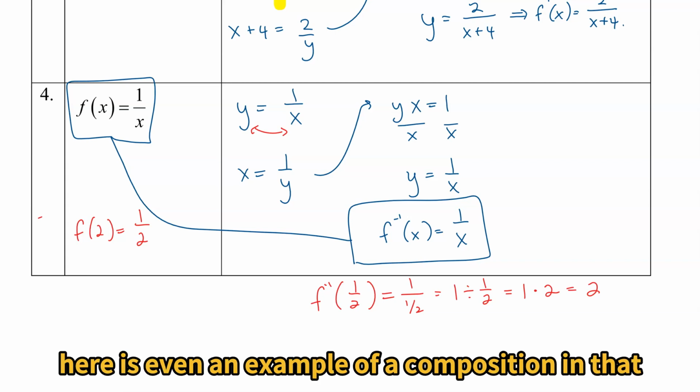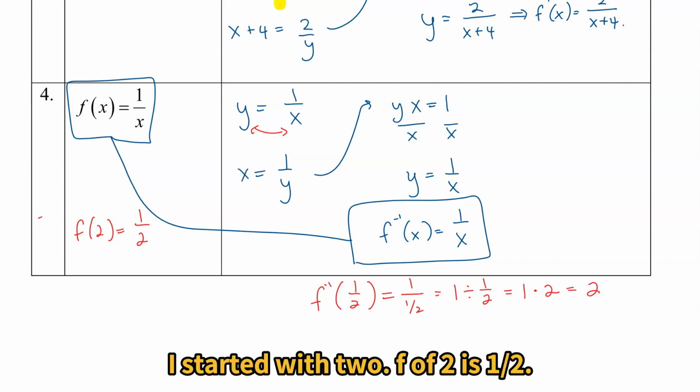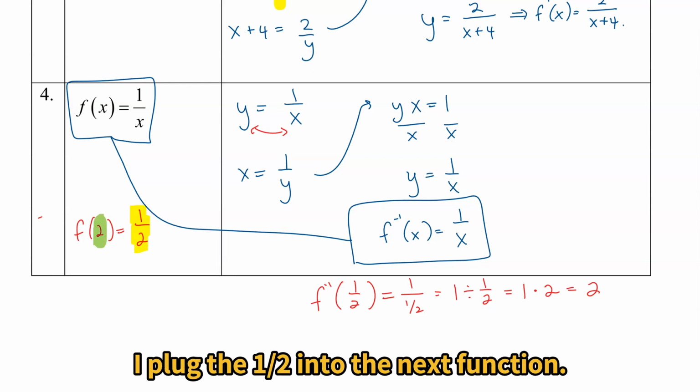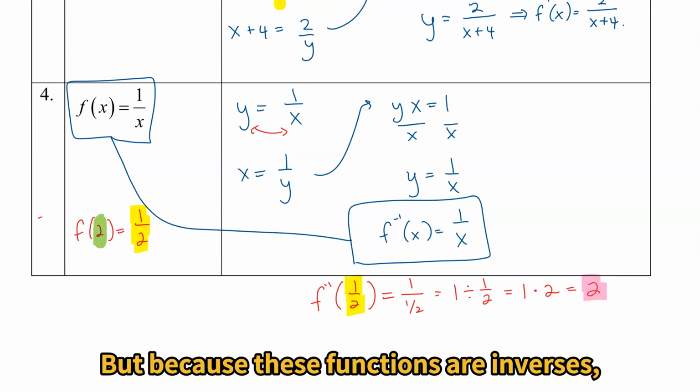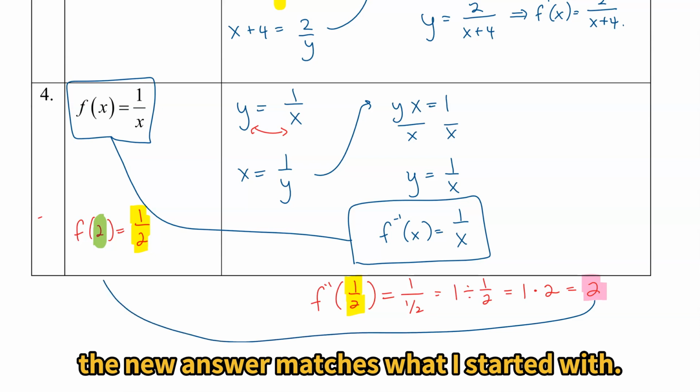This right here is even an example of a composition in that I started with 2. f of 2 is 1/2. I plug the 1/2 into the next function, and I get a new answer. But because these functions are inverses, the new answer matches what I started with.